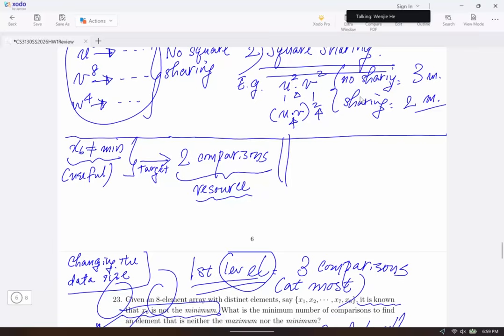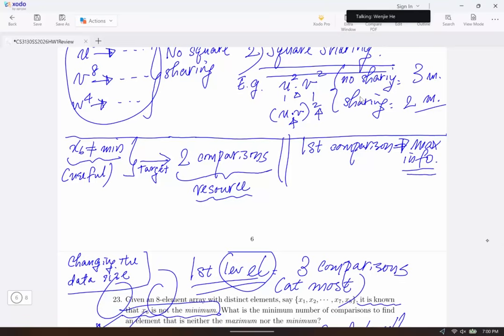The first comparison is important. We want to get the maximum amount of information from the first comparison.